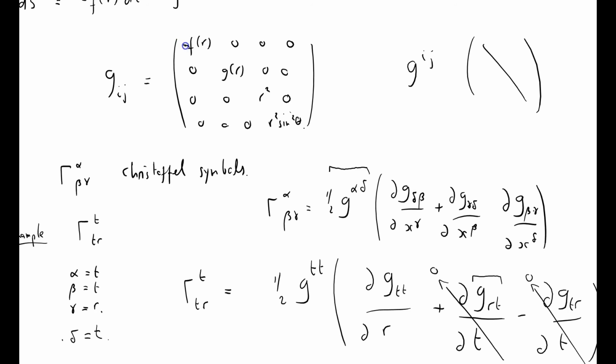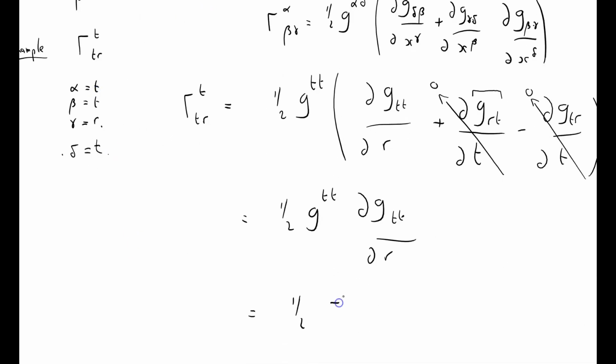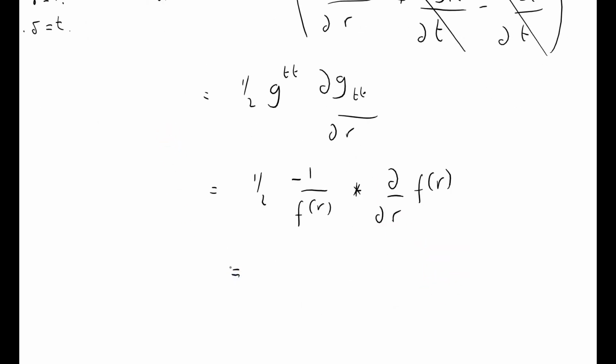When we invert a diagonal matrix, we just invert the diagonal elements, so it's going to be minus 1 over f of r times the partial with respect to r of minus f of r, which is just f dash. We can write that in a slightly more compact notation: f dash over 2f. And that is just this random example, which I chose carefully to be non-zero.